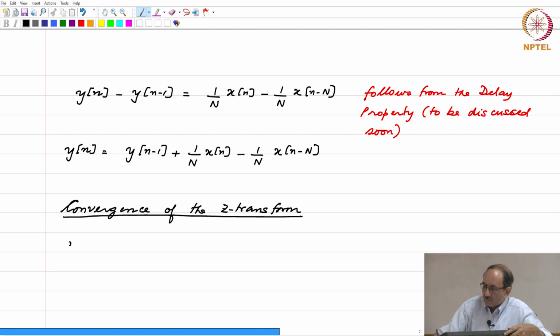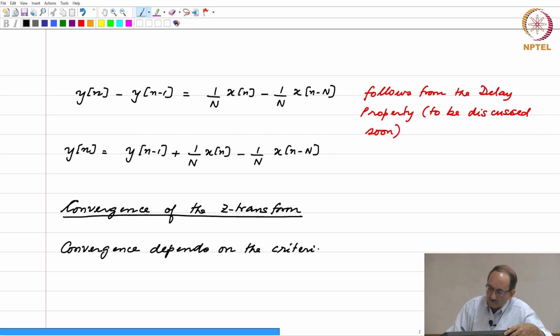We will use a criterion that was used in the Laplace transform case. So, convergence actually depends on the criterion used. And we will use exactly the same criterion that was used in the Laplace case.